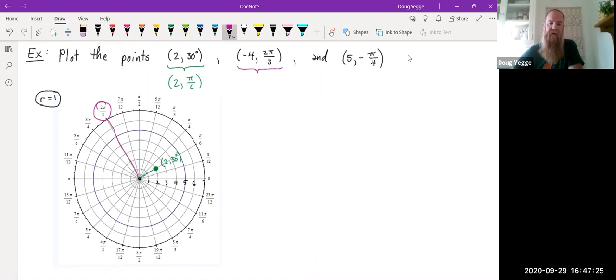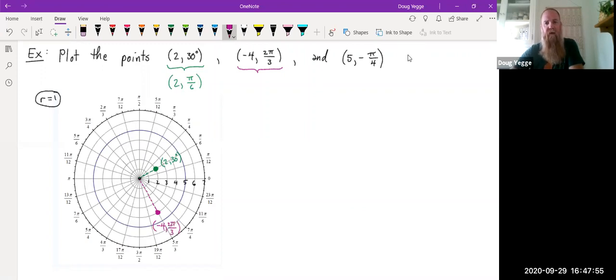And now it says walk backwards 4 units, which really means that we are pointing in the exact opposite direction, which means we are walking backwards 4 concentric circles, which puts me to this point here. And therefore, that's the answer of -4 and 2 pi over 3.